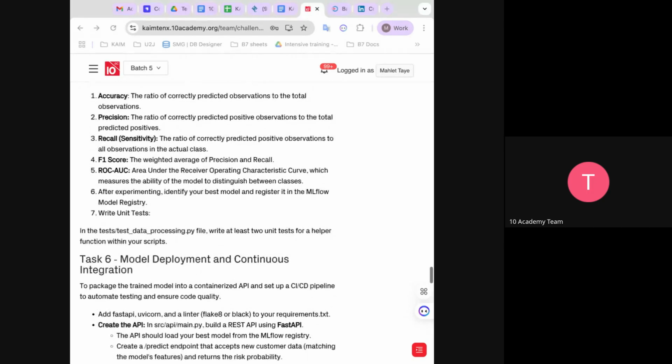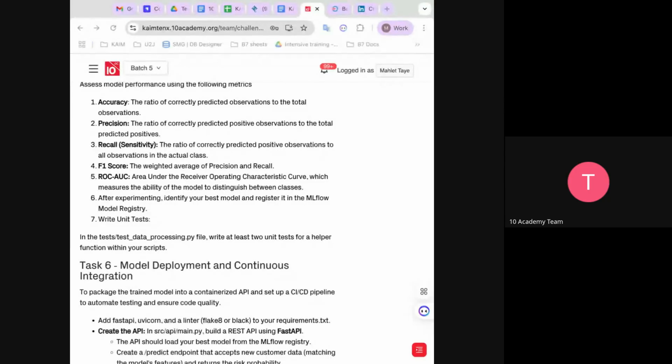And on task 6, we expect these models to be deployed. When we say deployment, you have to containerize, and the model has to be served through an API.